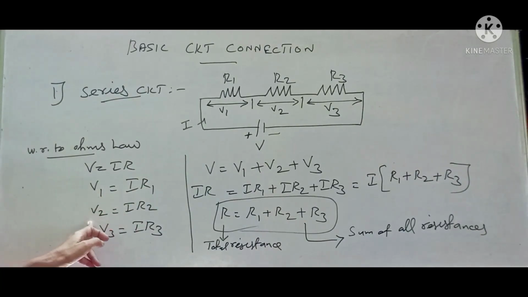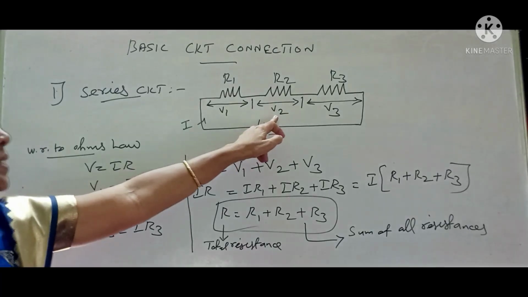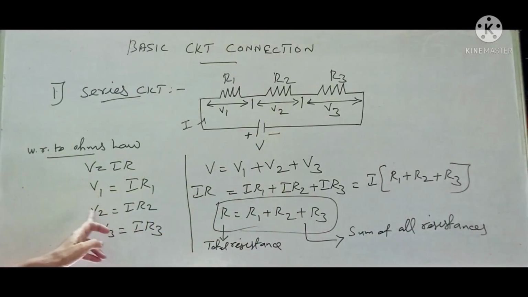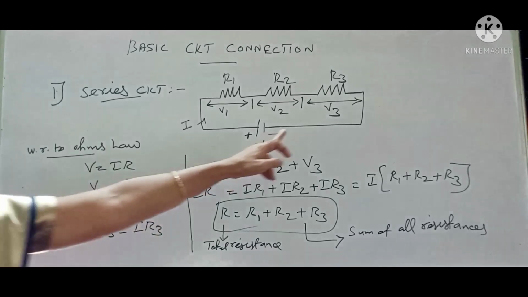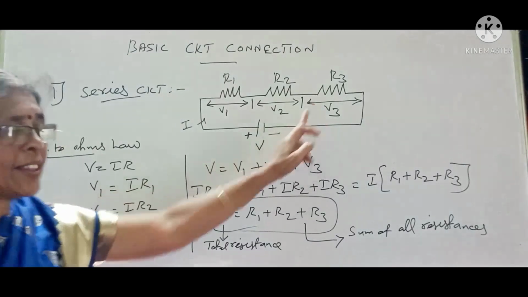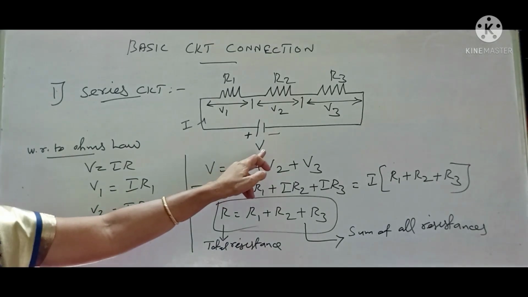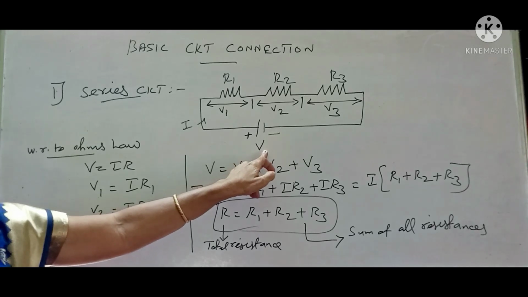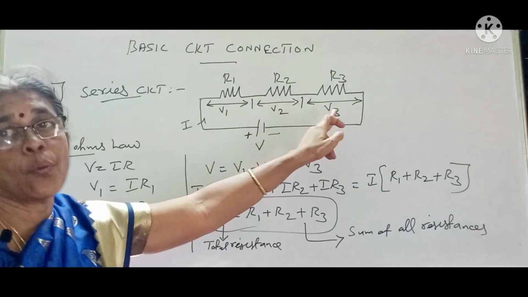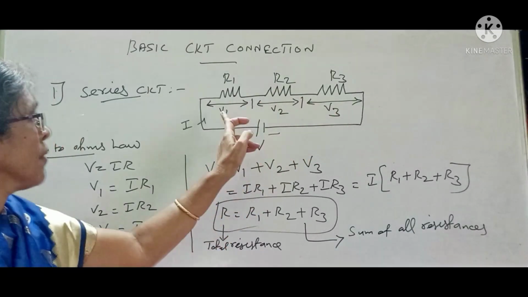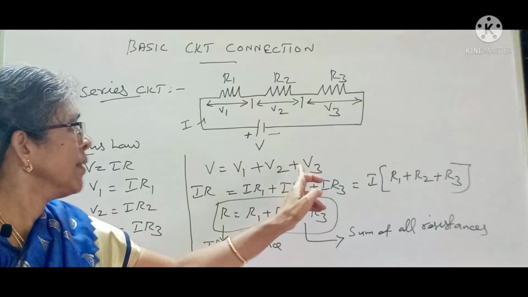V2 equals I into R2. V3 equals I into R3. The supply voltage V is equal to the sum of all three voltages. So V equals V1 plus V2 plus V3.